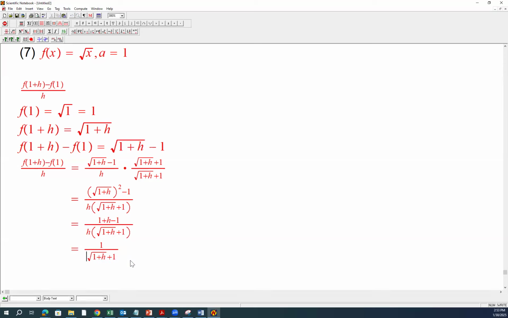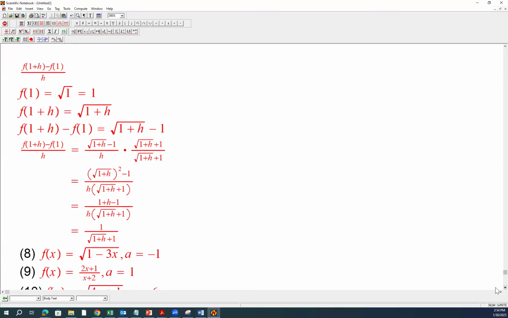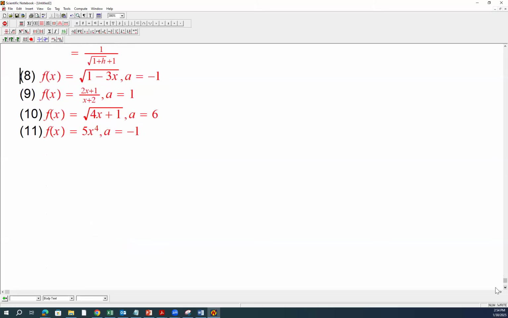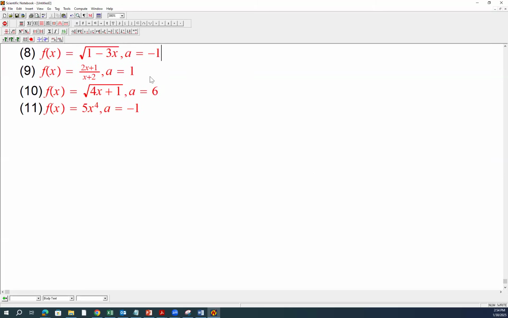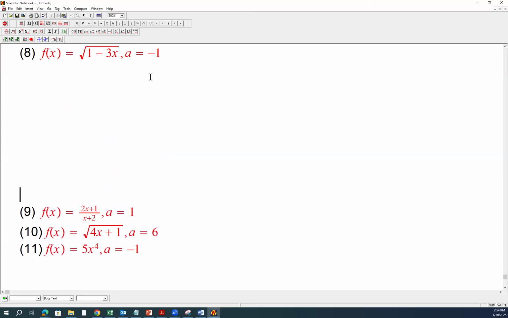So that's it. Simplified. Radicals. So we have seen so far a variety of types: polynomial, roots, rational. So let's look at another radical.